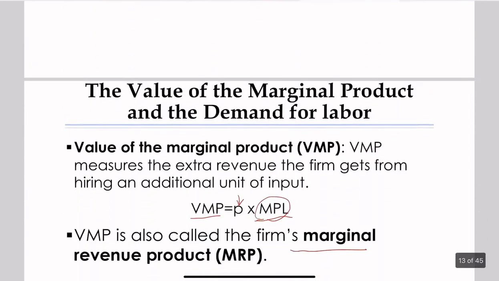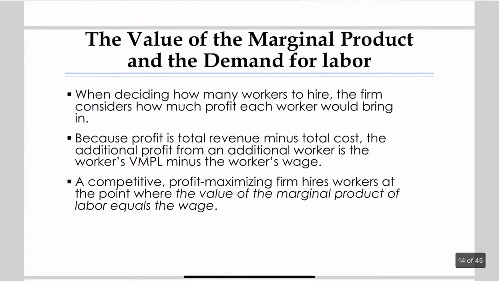Okay, now let's generalize this result here. Okay, so let me first state the result. So in this market, if a firm is maximizing its profit, then it will hire workers at a point where the value of the marginal product of labor equals the wage.